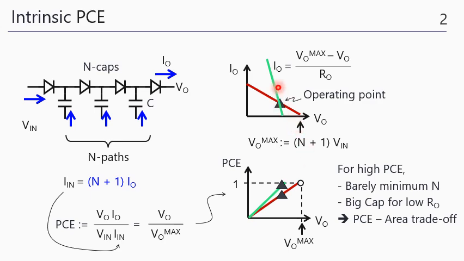This can be realized using a very large capacitor or very high operation frequency to get the low RO. So this is a kind of PCE versus area trade-off. Let's look at this in more detail in the next slide.